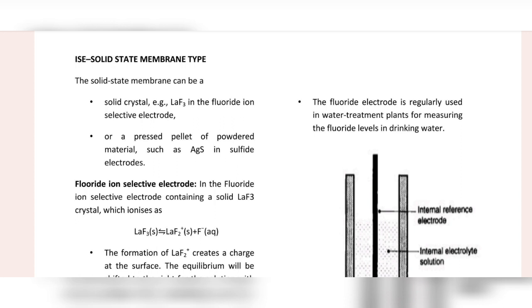Then, for the second type, either we can use a single crystal or polycrystalline material, or otherwise we can use a pressed pellet of powdered material. So we can convert a powdered material, for example silver sulfide powder, into a pellet form, and then use it as a solid state membrane. Silver sulfide pellets can be used for sulfide electrodes.